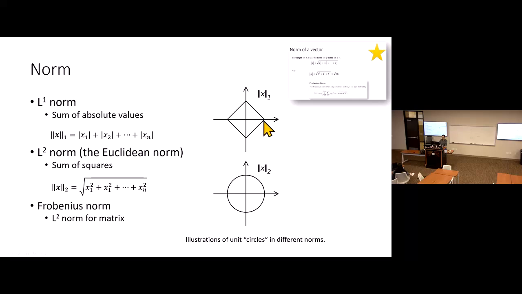Okay, this place here is 1, 0, and here 0, 1. This place will be 0.5, 0.5. So the sum of the absolute values of those variables should be 1. So you would have to be within this region.